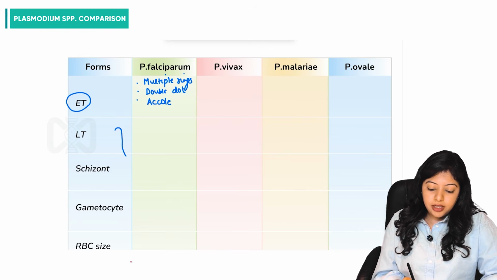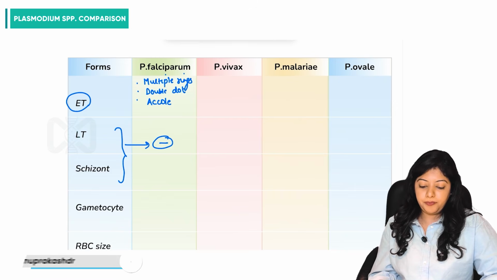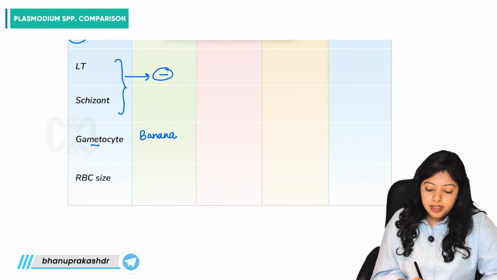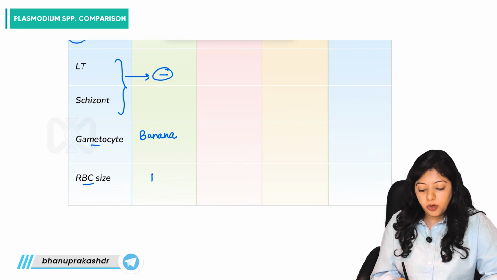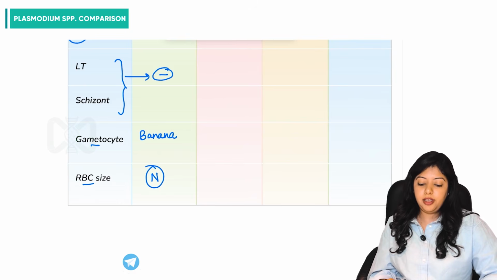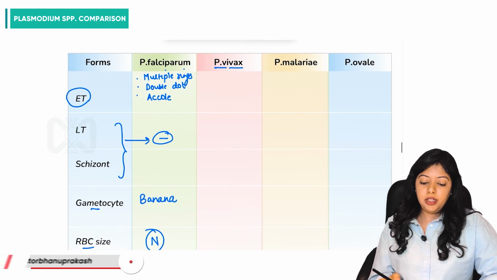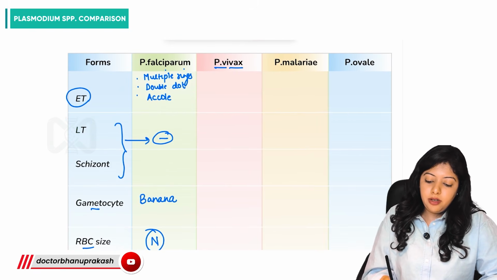Late trophozoite and schizont are absent in Plasmodium falciparum. Gametocyte is banana shaped, and RBC size is normal. Nothing has changed, right?